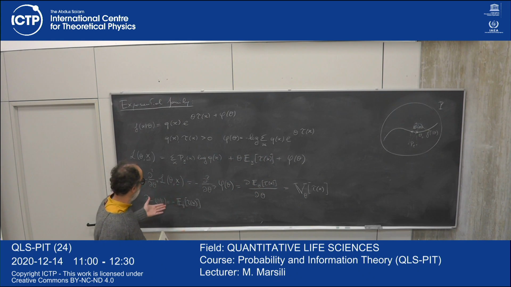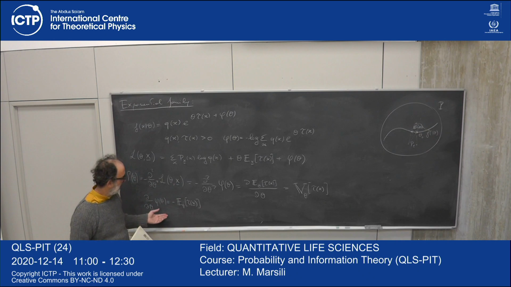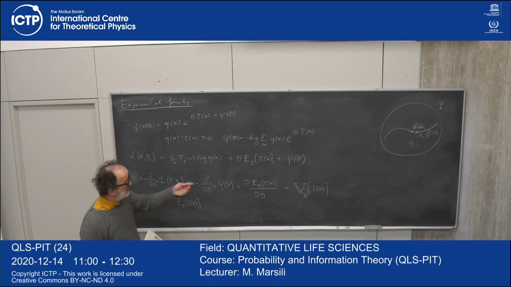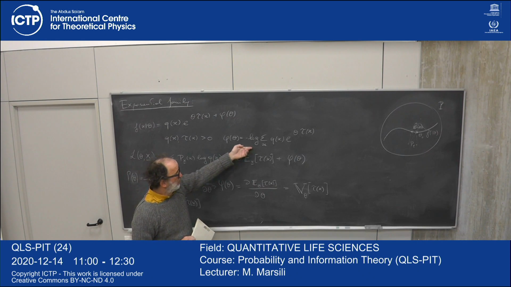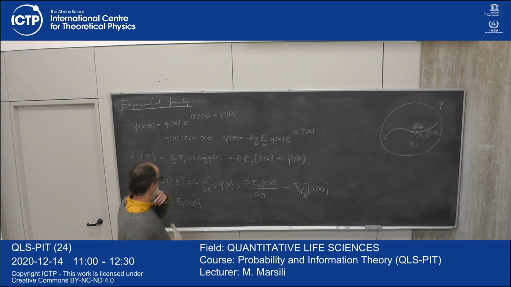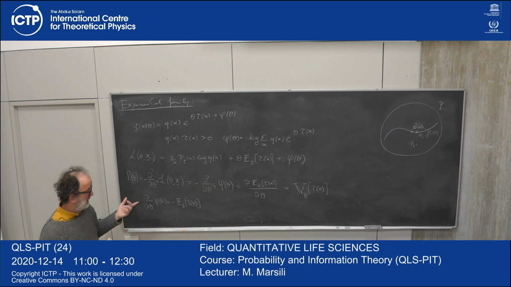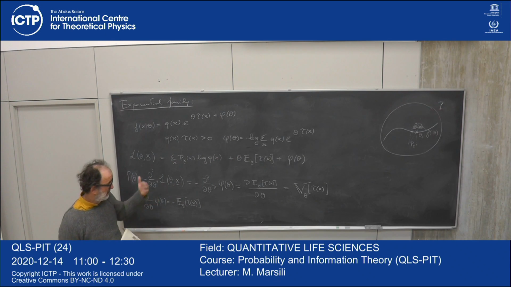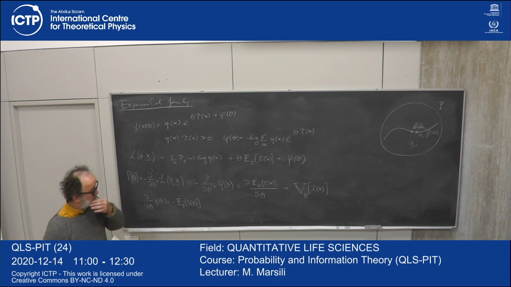Please do it, but it's always the same calculation: when you take a second derivative, well, because this is essentially a cumulant generating function, and the derivative of a cumulant generating function generates the cumulants, where the second cumulant is the variance.